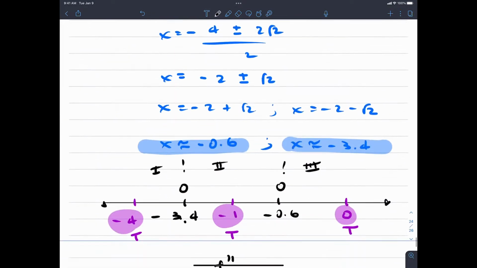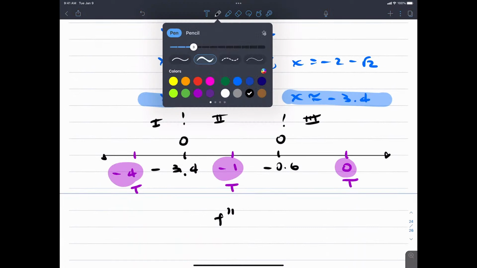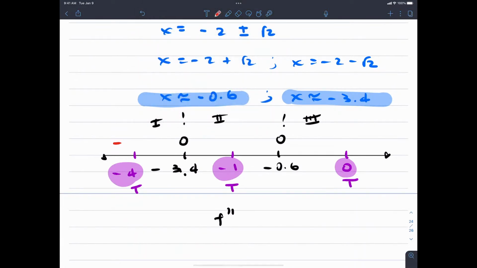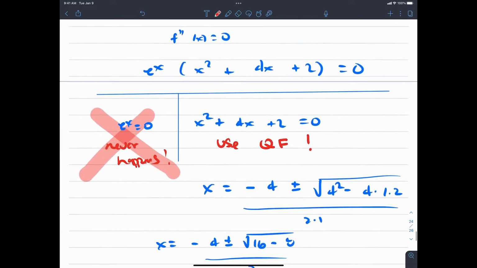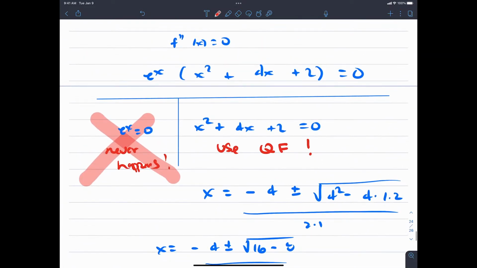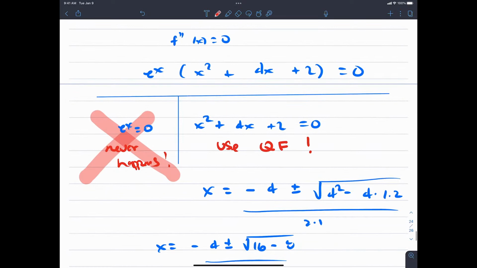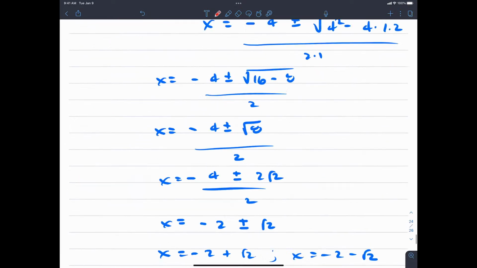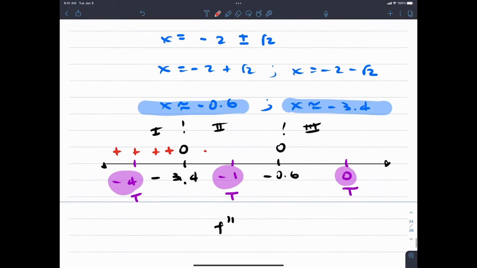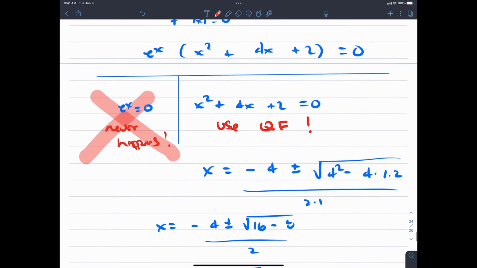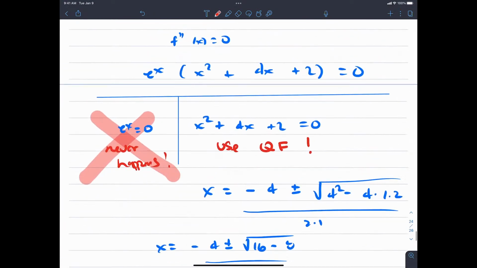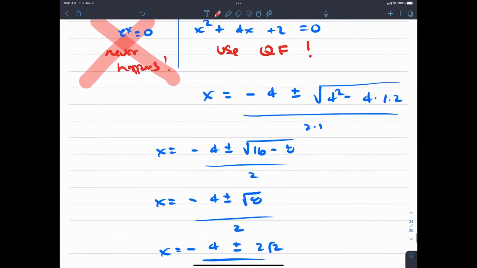So you can do this mentally. This is positive. Negative 1, you're ignoring that e to the x because that's always positive. So negative 1 squared, 1 minus 4, negative 3. Negative 3 plus 2, that's negative. And then positive, what's the other value? 0. Oh, that's easiest. It's just a 2.